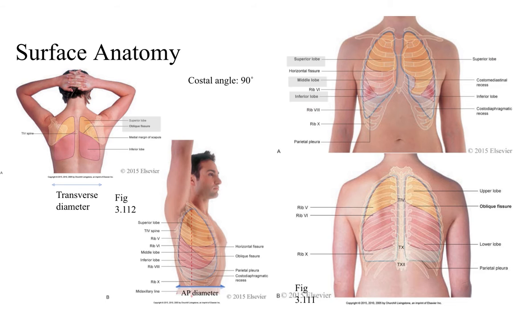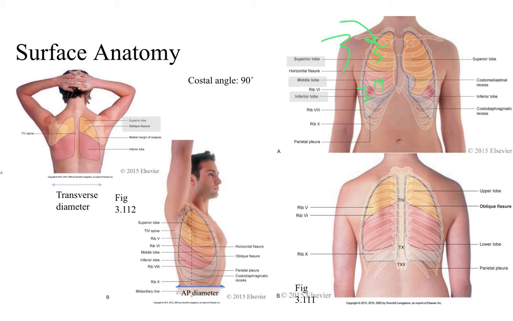To this point we've kind of hinted around the lungs, but now we're actually going to talk about the lung organs themselves. And the first thing I want you to notice on this picture right here is that the right lung is divided into a superior, middle, and inferior lobe.